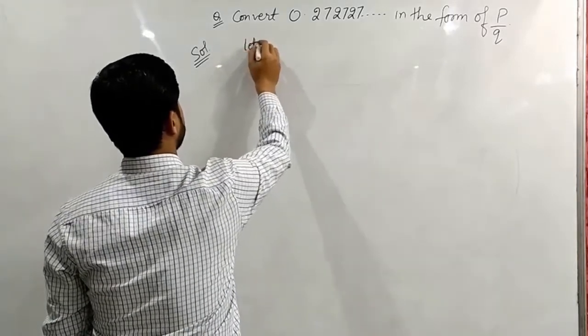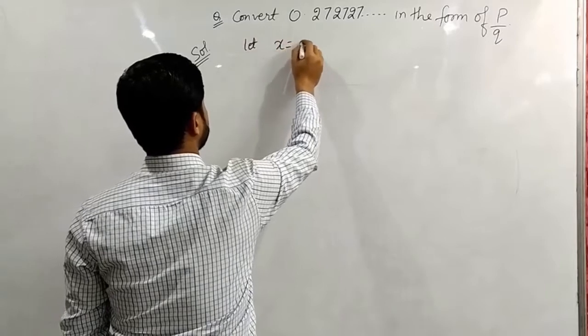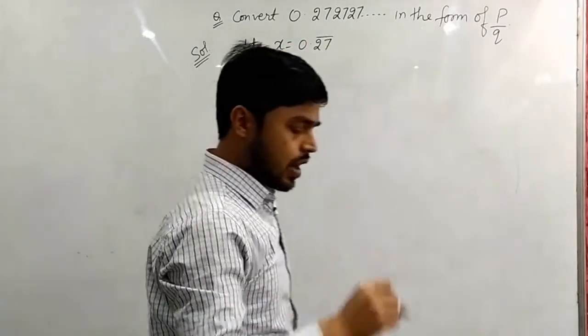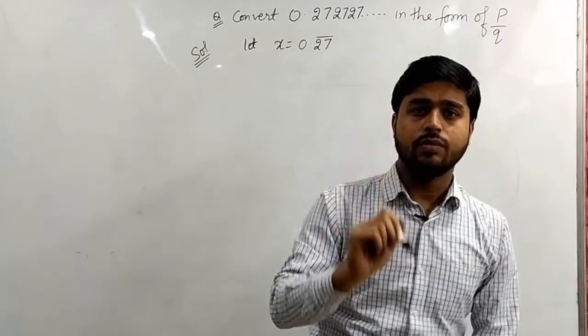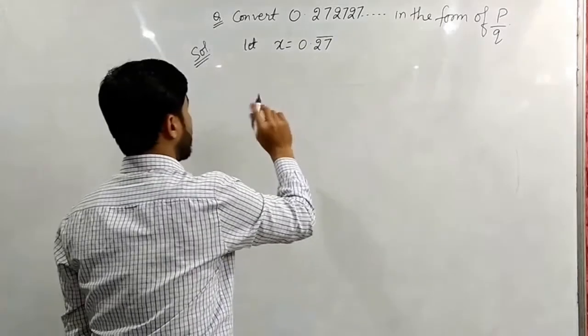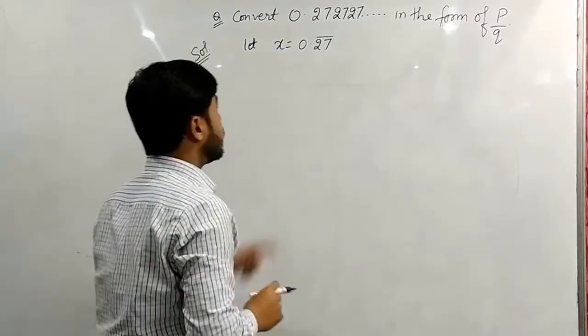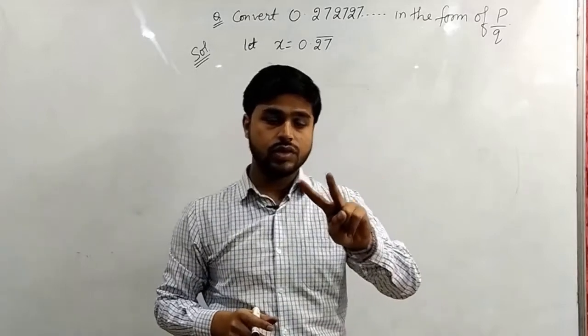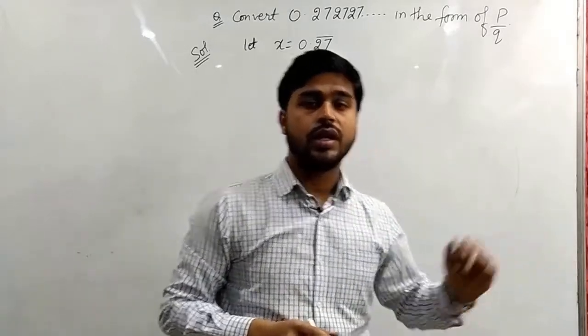Let us assume again that x is equal to 0.27 bar, and I am using the bar on both 2 and 7, as both digits are repeating again and again. Now in this case 2 digits are repeating, so we have to shift 2 digits.